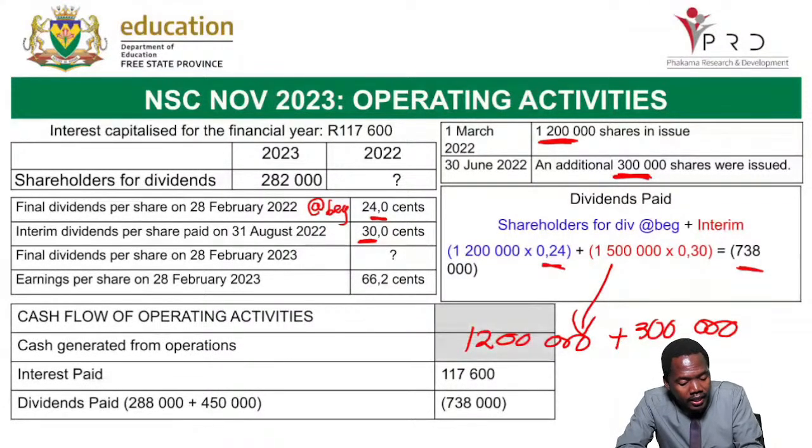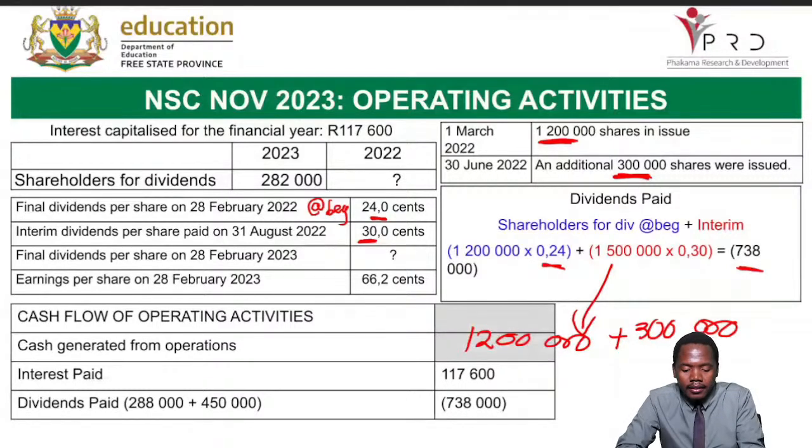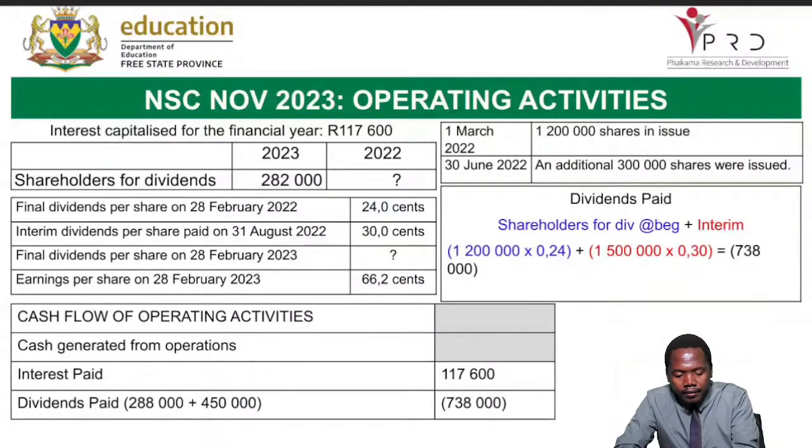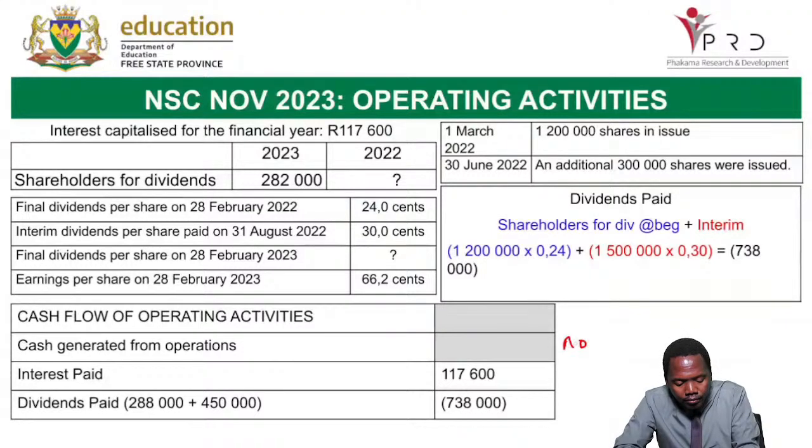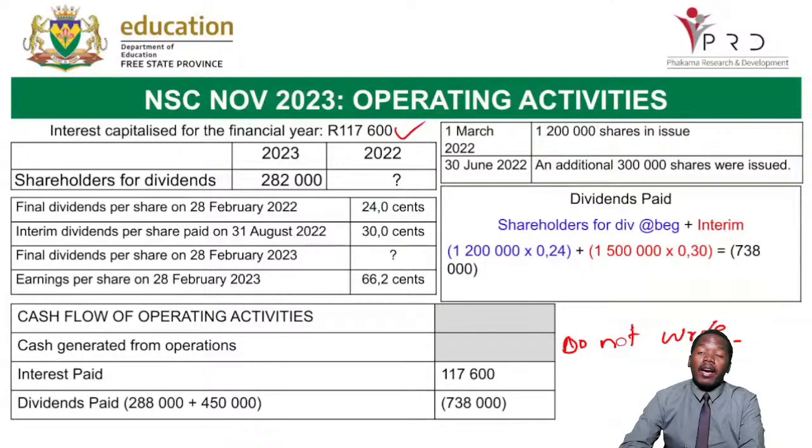Interest paid, cash generated is highlighted in gray there. If it's highlighted in gray, meaning we do not write here. So meaning interest paid, where is the interest paid? There we have it. It was given in the information. That is our interest expense, which also becomes our interest paid.